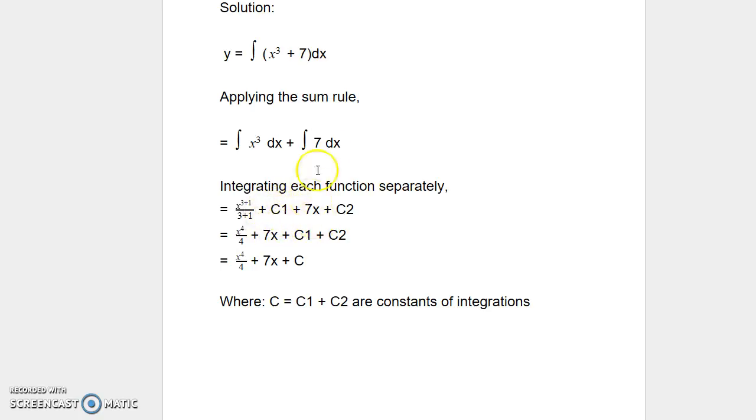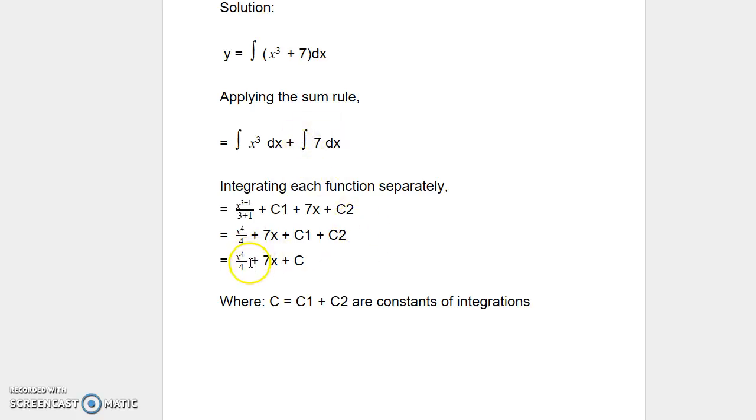Plus integral 7 dx. Since 7 is a constant, we've taken it outside of the integration process, and then integral dx converts to x. So 7 times x is 7x, plus c2. c2 is the constant for this part of the integration process.